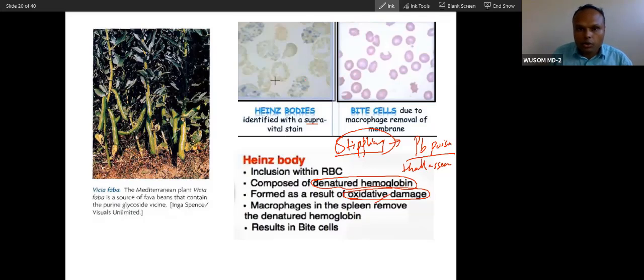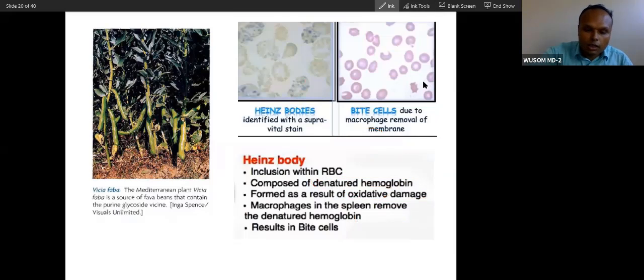Macrophages in the spleen remove denatured hemoglobin, so a part of the hemoglobin will be eaten, and this will form a bite cell. It is like an apple bite. So this is the bite cell, and this is our hinge body. These are very pathognomonic of G6PD deficiency.